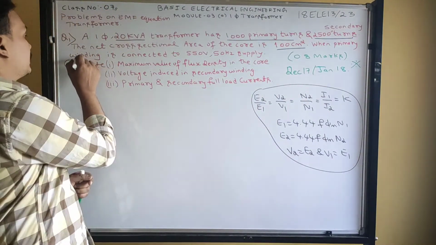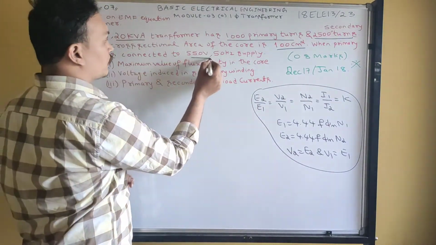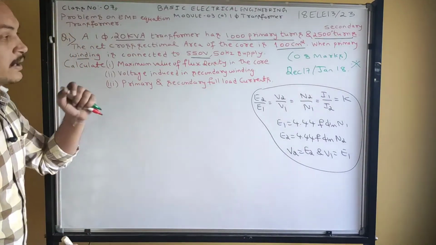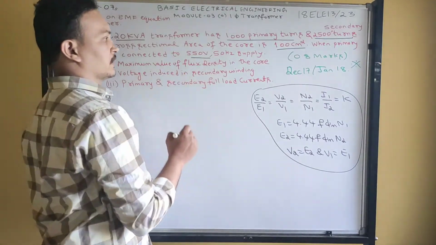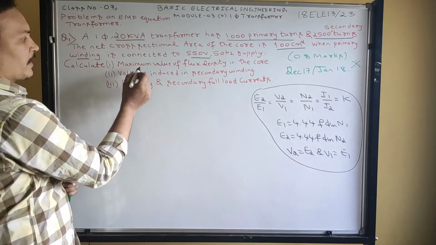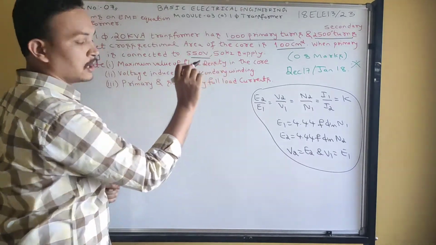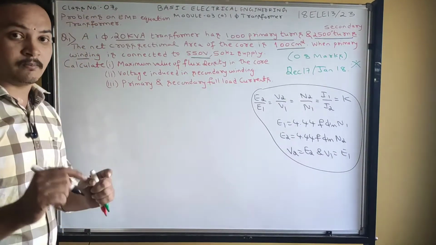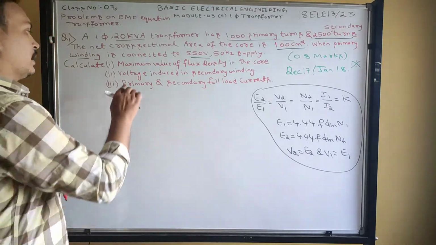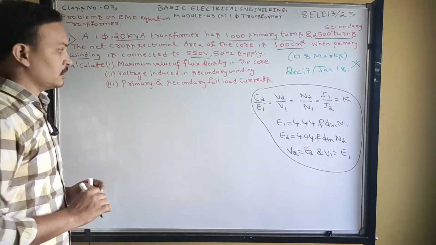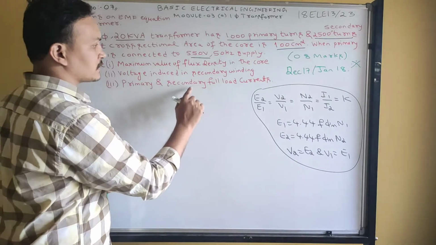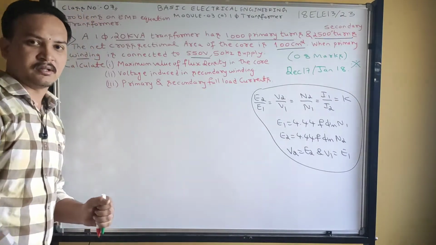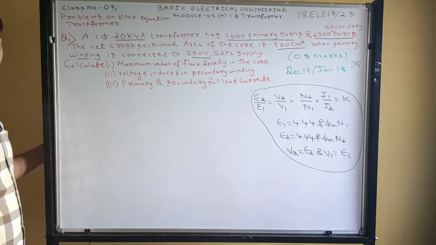When the primary winding is connected to 550 volt, 50 hertz, calculate the maximum value of flux density in the core, the voltage induced in the secondary winding, and also the primary and secondary full load currents.